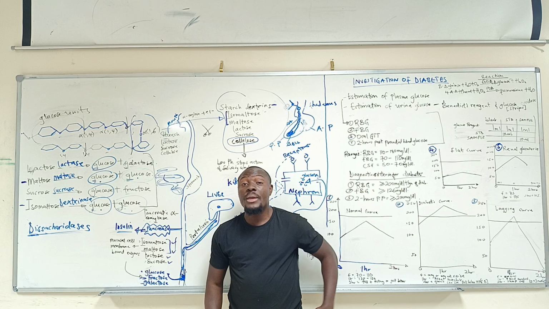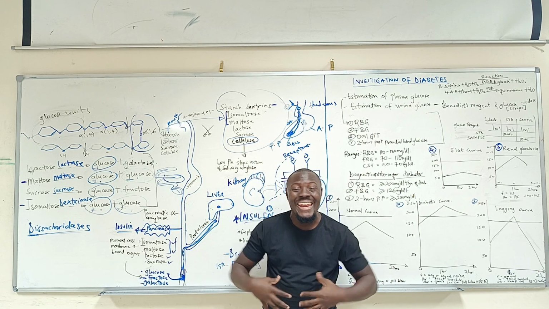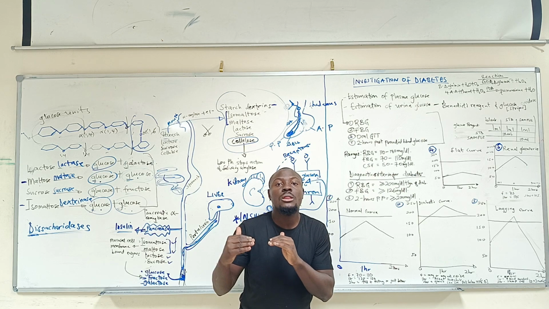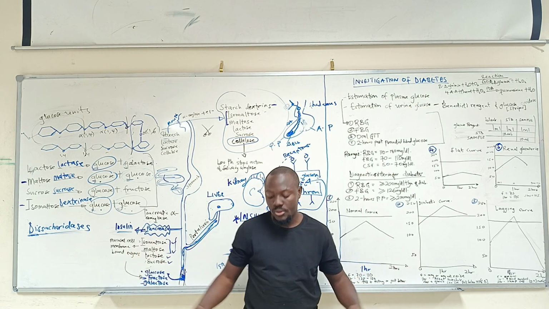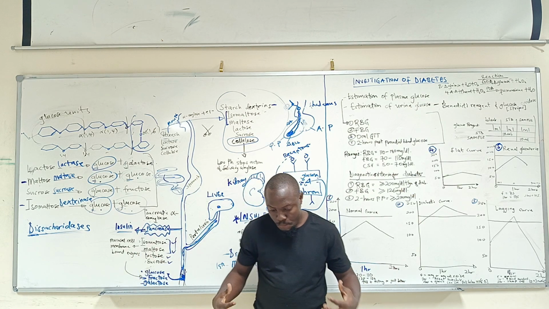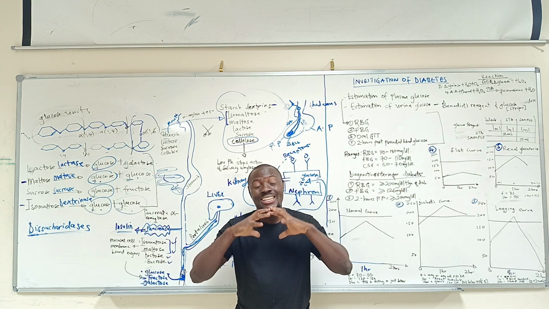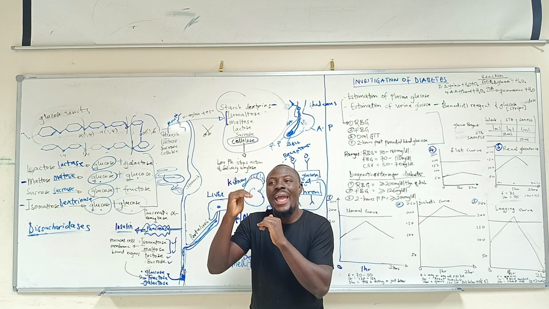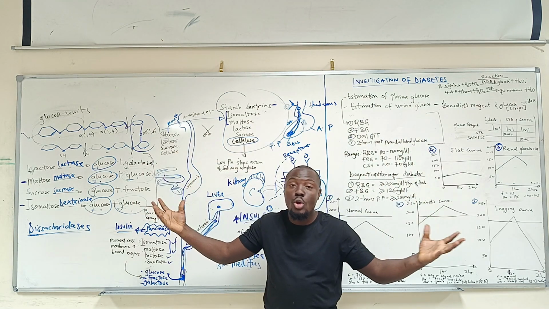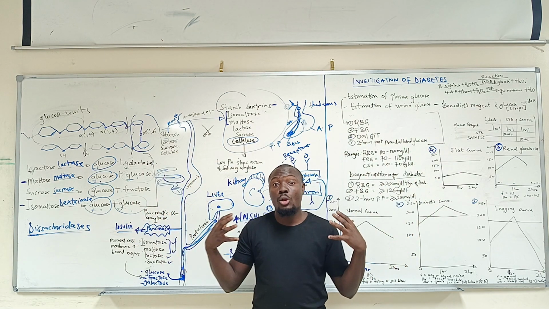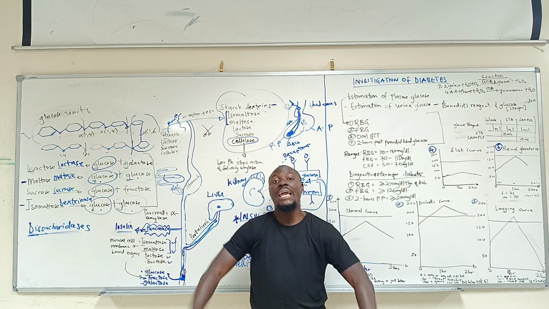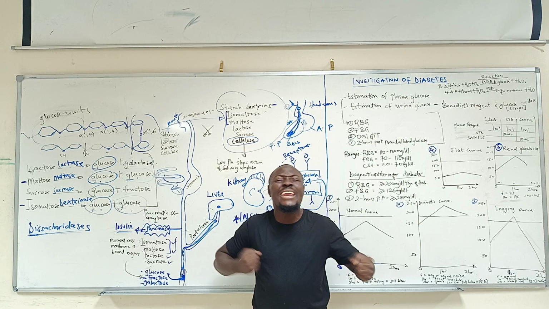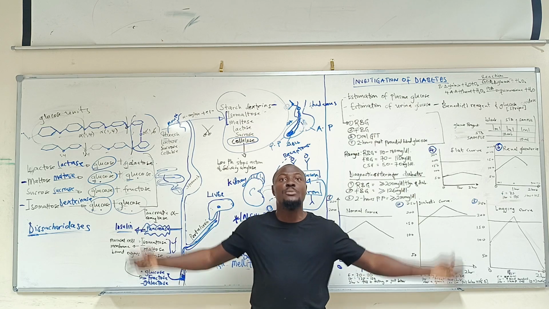Okay, so for people that are diabetic in nature and they have too much sugar inside their blood, there's something we call the renal threshold. What do we mean by the renal threshold? Every substance in our blood has its own concentration, its own range. When it gets to a peak where it is over its normal concentration, the body cannot tolerate it anymore, so it wants to filter it through your kidney so that you can urinate it out. The kidney will also try to reabsorb the substances.